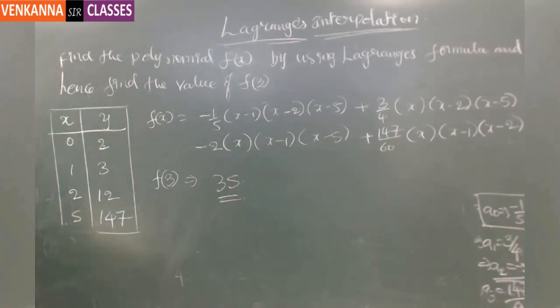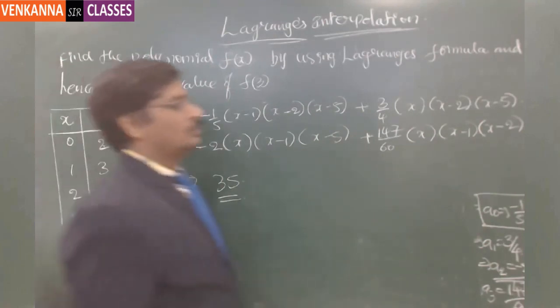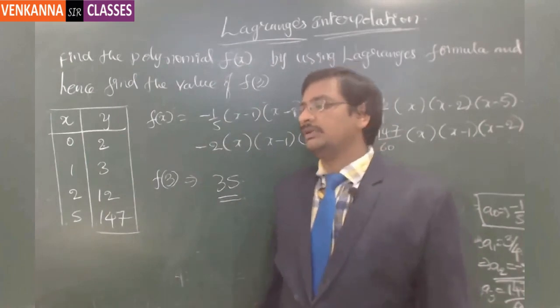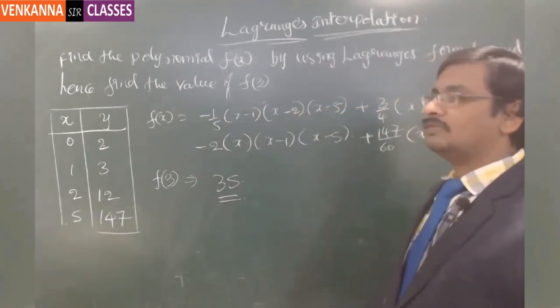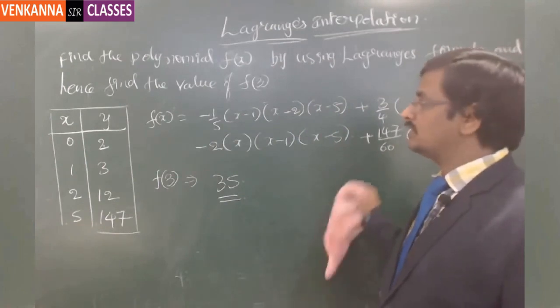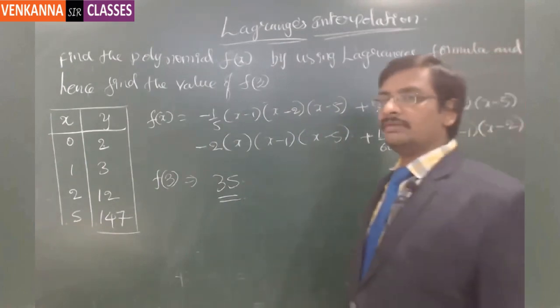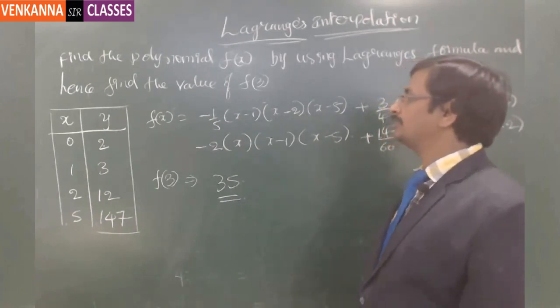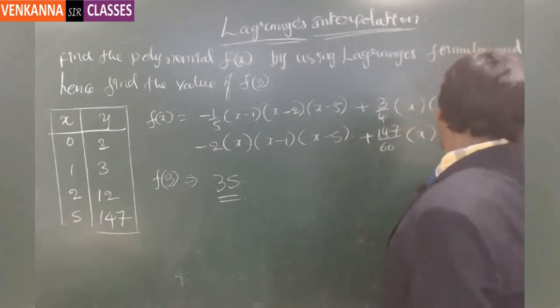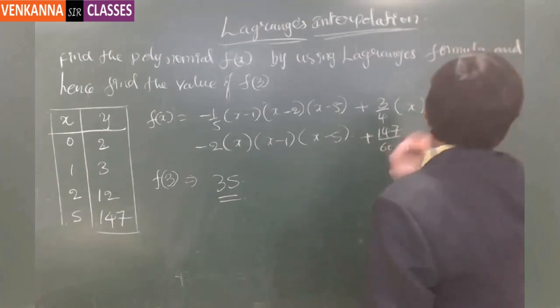So this is how for unequal intervals we can calculate a polynomial. From there you can find out the value for any unknown point. So this is basically curve fitting from the given data as a polynomial. Got it? So this is how you can do interpolation.